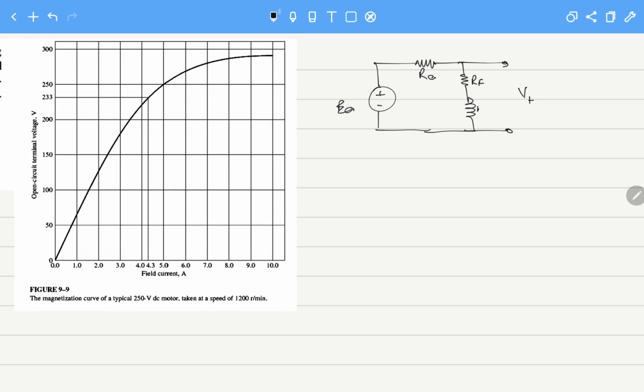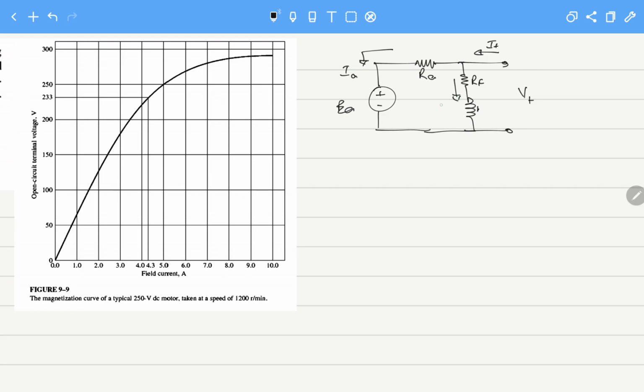But what is happening in this scenario is, in generators the current is going out from the armature, but in this case the current is moving towards the armature, and the terminal current IT is into the machine and the current is into the armature.